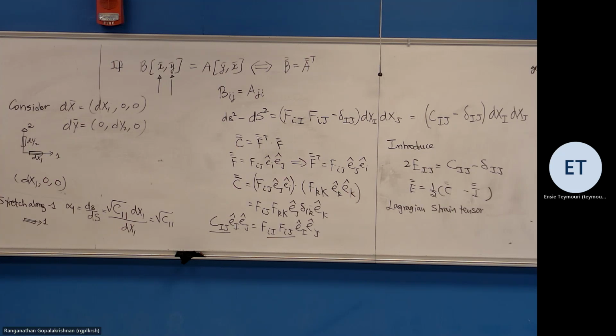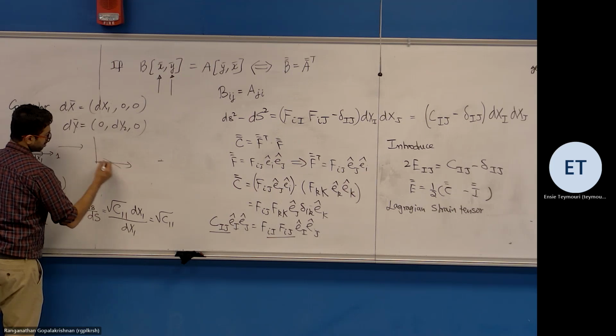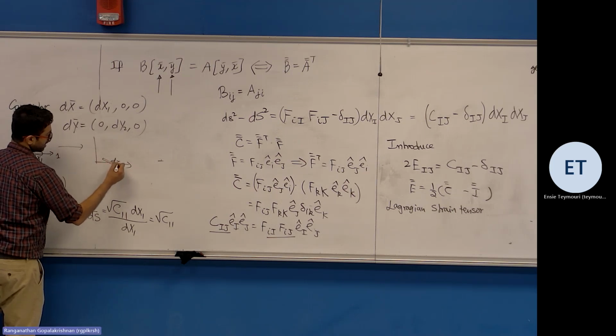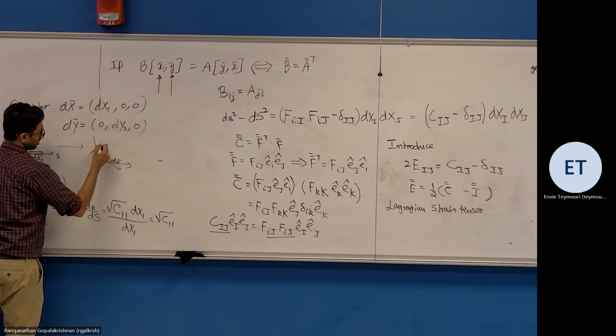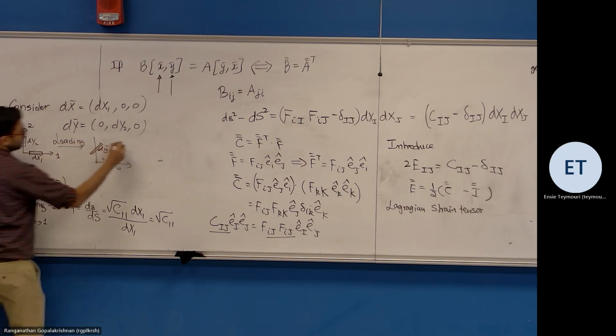This is the initial configuration of your vectors. If you subject this to a loading, you are going to get, for example, dx and dy. This is the reference. This is the default.